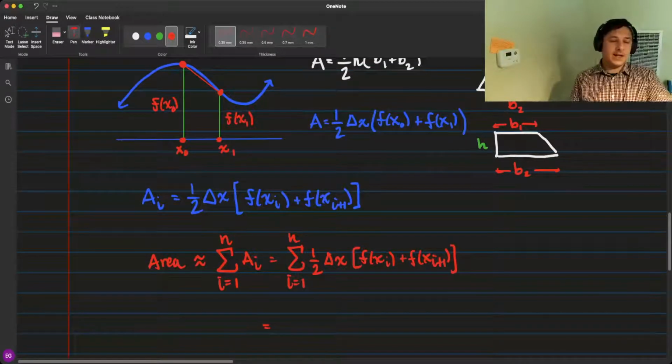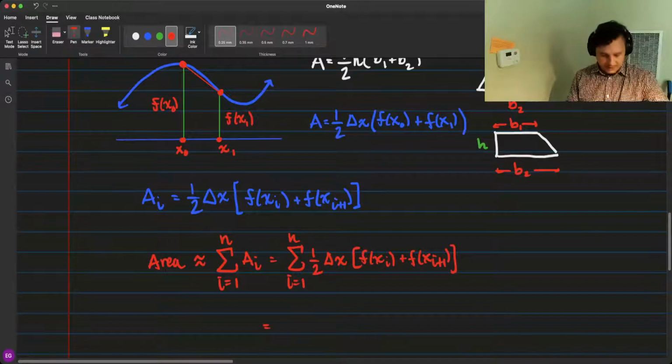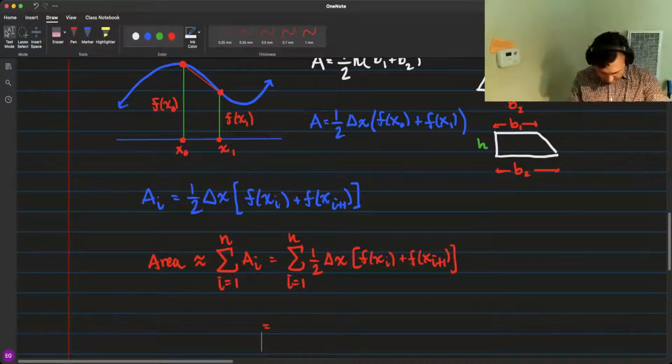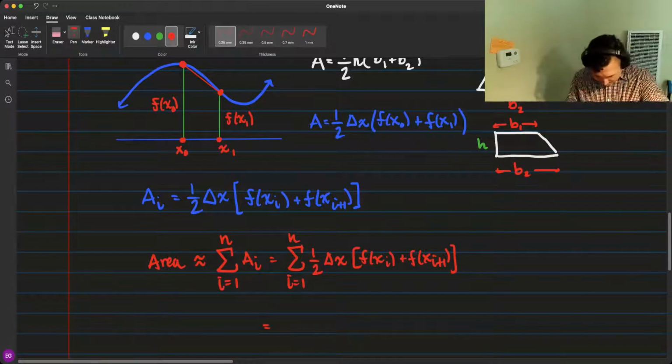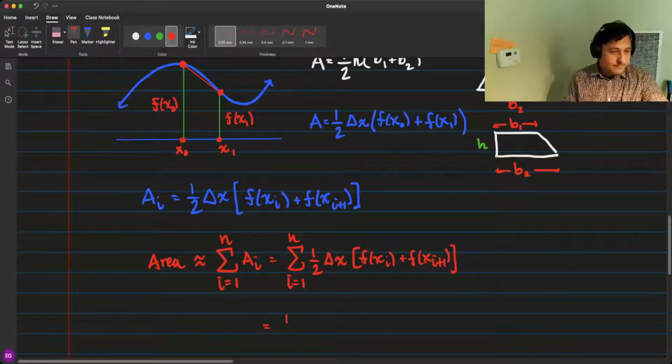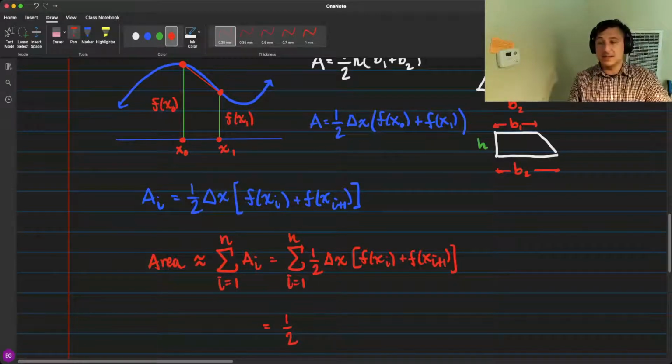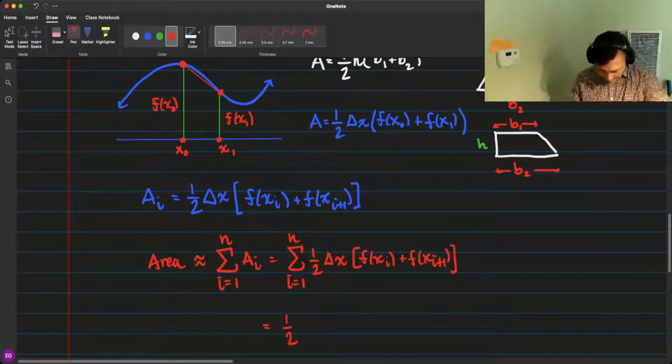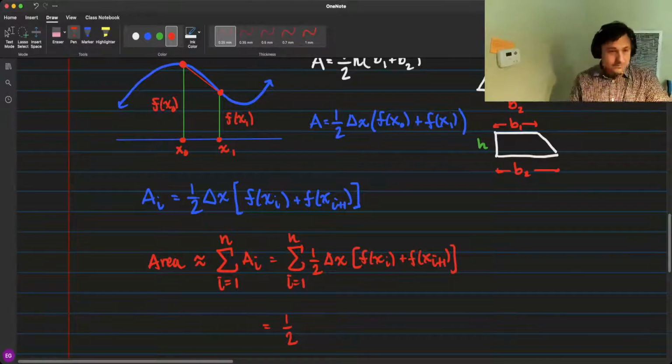Now, what can I do to this formula? There's some stuff that I can move around. Yeah, you can factor out the 1/2, and also one more thing: because it's constant, because there's no i in it, you could also factor out the delta x.